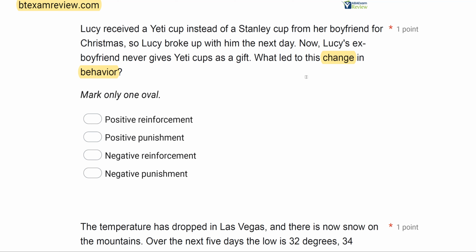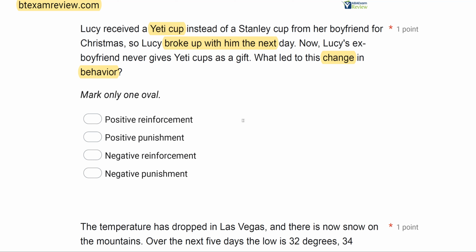So let's identify our consequence. Lucy received a Yeti cup instead of a Stanley cup from her boyfriend. As a result, Lucy broke up with him the next day. Now, Lucy's ex-boyfriend never gives that cup. So did his behavior increase or decrease? Well, it decreased. He gave the Yeti cup.